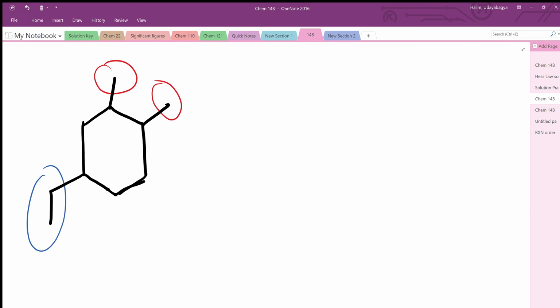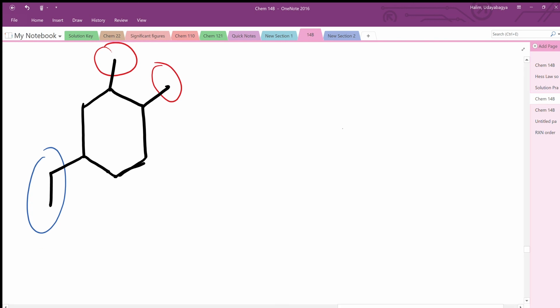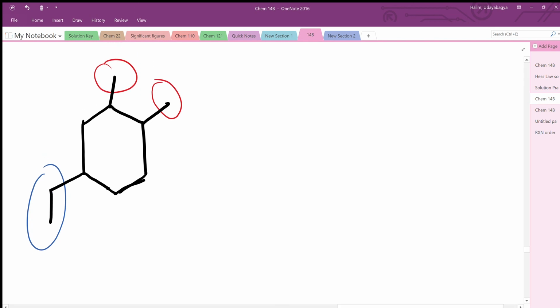It's the smallest first number in that regard. It's not an aromatic. That's beyond the scope of the class. It would actually have a different name altogether.